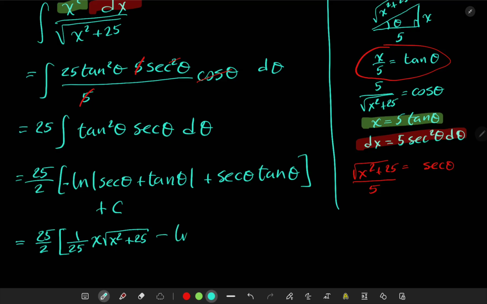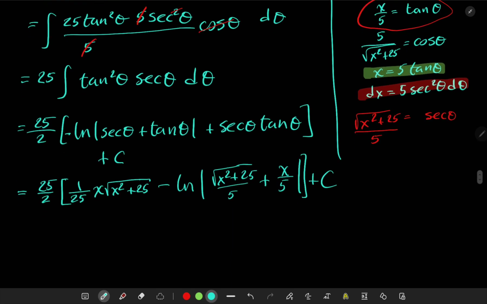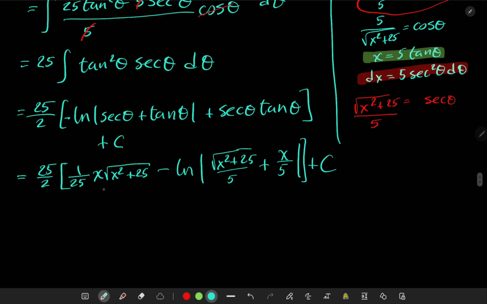Minus the natural log of the secant, which we said was square root of x squared plus 25 over 5, and then plus the tangent, which is x over 5. Let's put the plus c out here. And now remember that we can distribute this and the 25 and the 25 cancel.